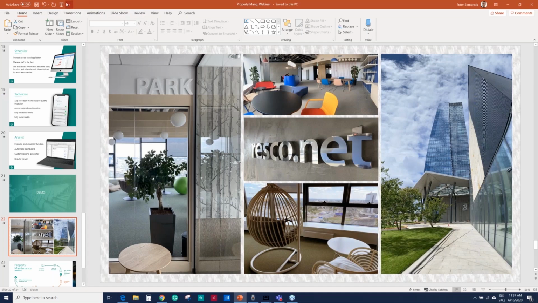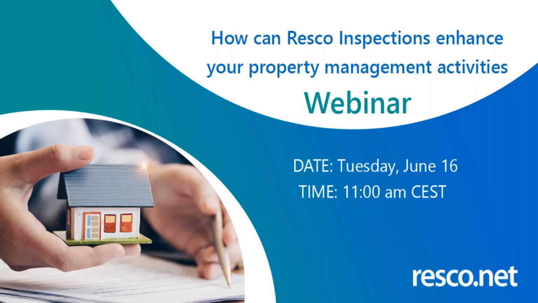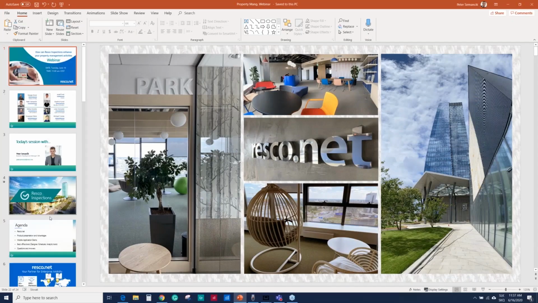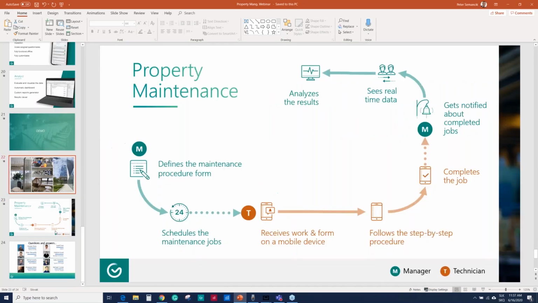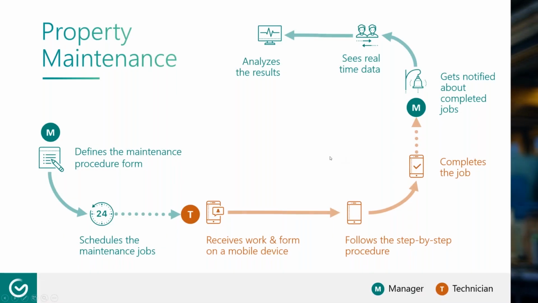So I would go back to the presentation. Right now you can see what we already did. At the beginning I showed you that there was a process. At the beginning the digital forms had to be well defined.